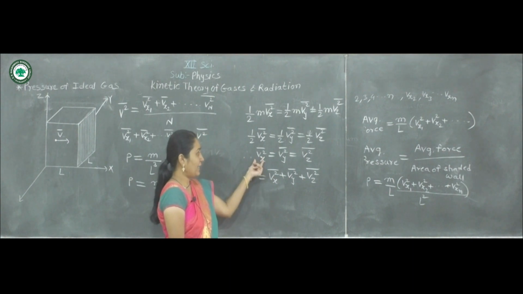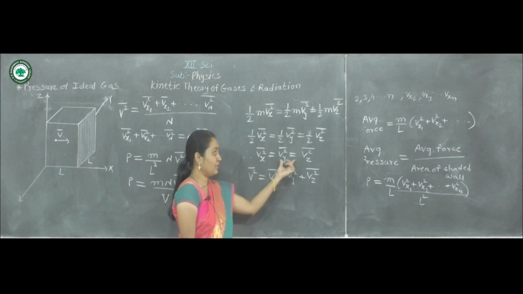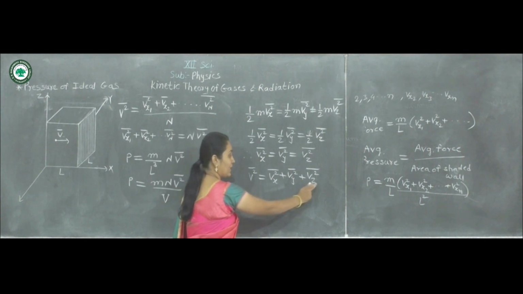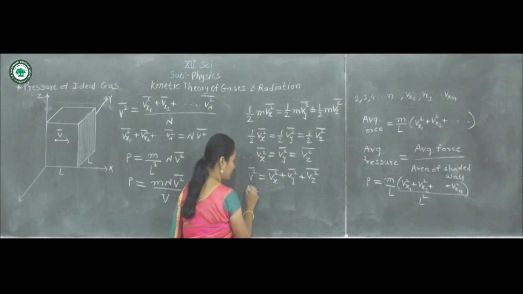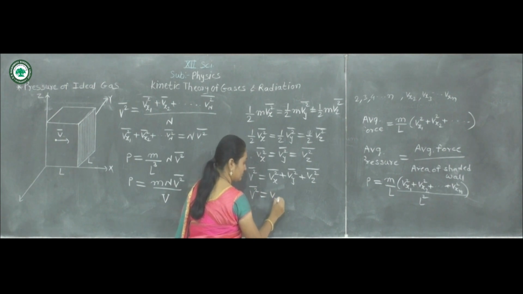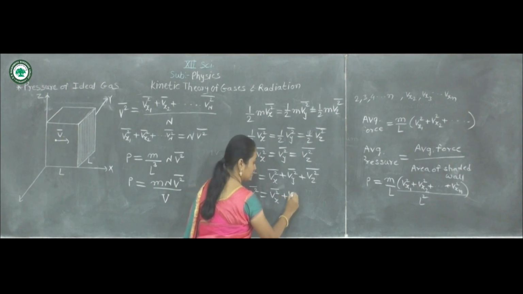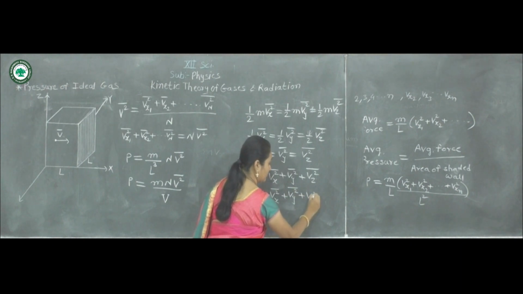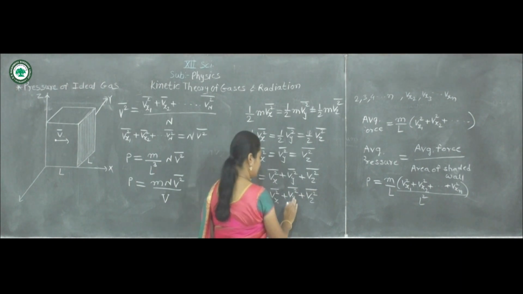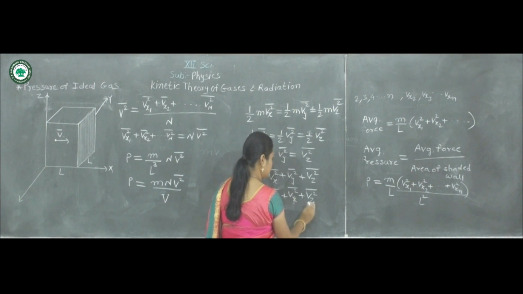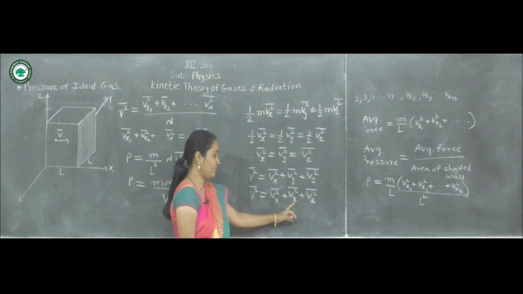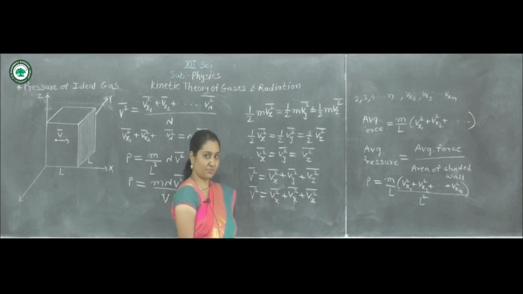But we know that Vx is equal to Vy and equal to Vz. These are the same. So we can substitute here Vx square plus Vx square plus Vx square.